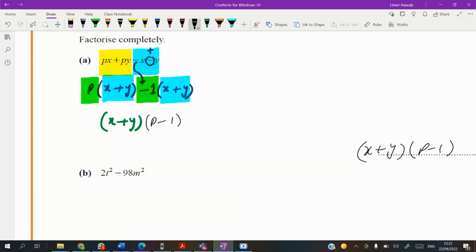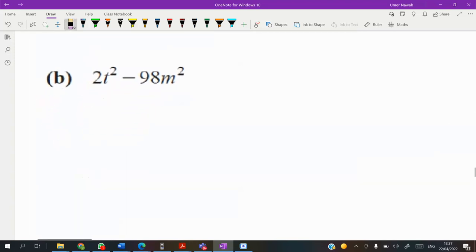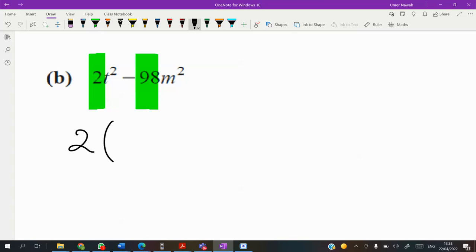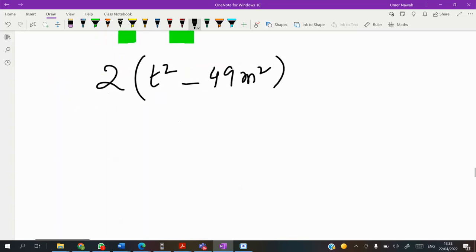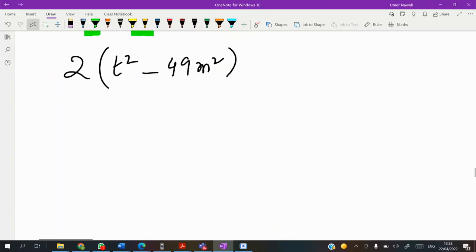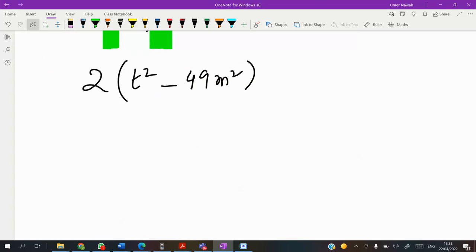and p minus 1. Next, what is common in them? For sure, I'm going to take 2 common. So 2 is common. t squared minus 98 divided by 2 is 49m squared. Can I say that I am going to have a situation of difference of two squares?